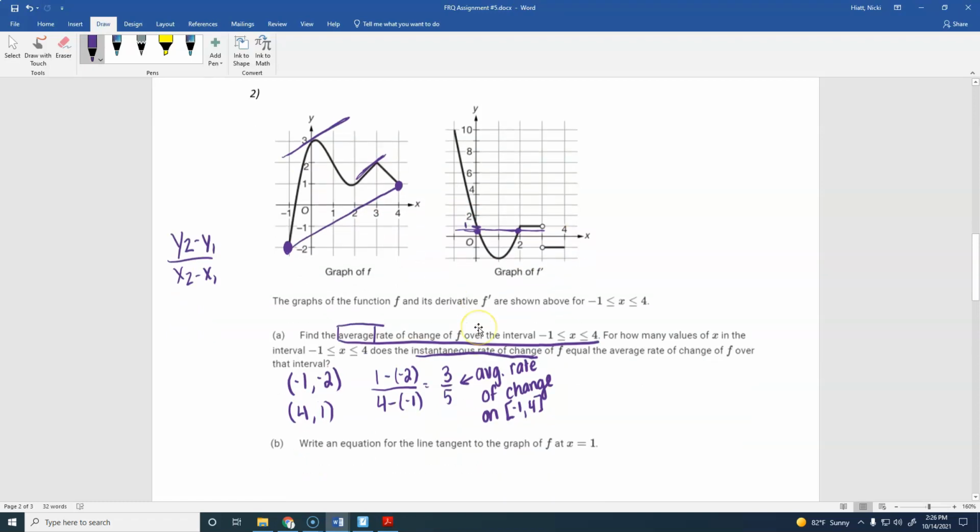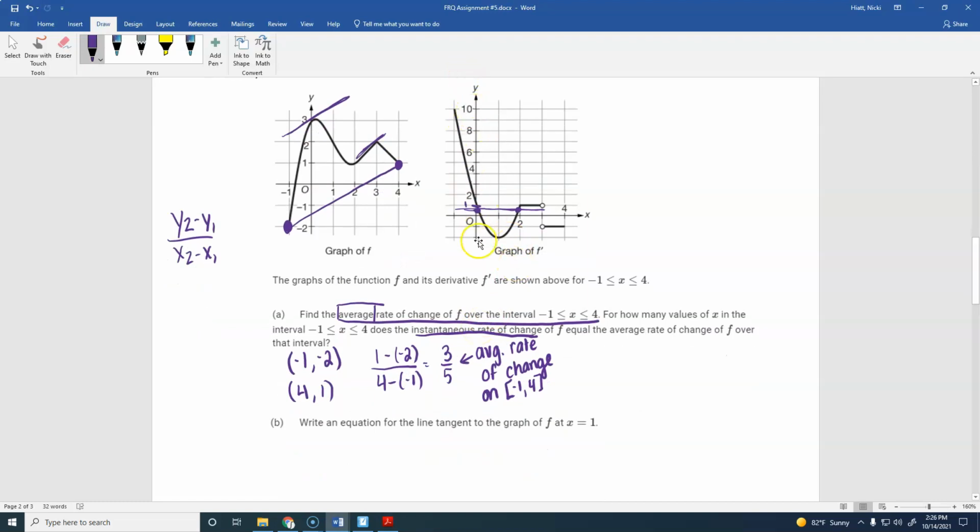You can know for sure, because on this graph, this is your derivative. So if I want to know the derivative at a certain point, I just look at the y value on that second graph. On your y coordinate of this.